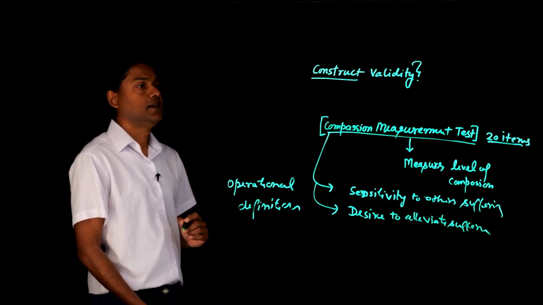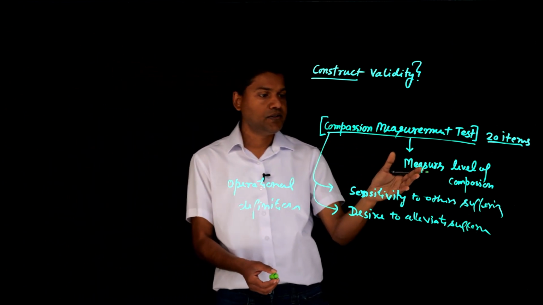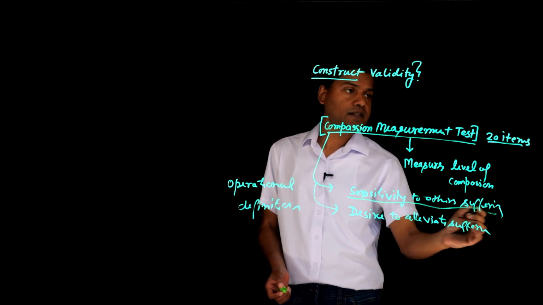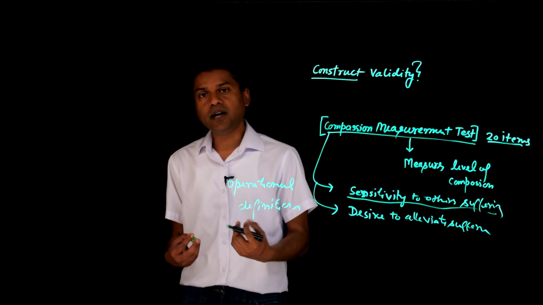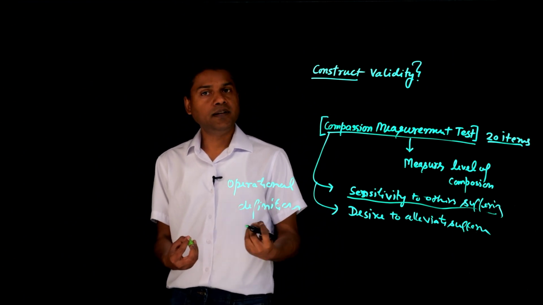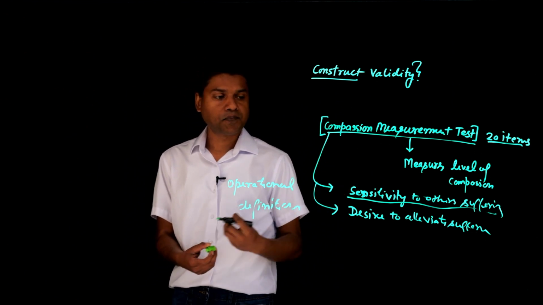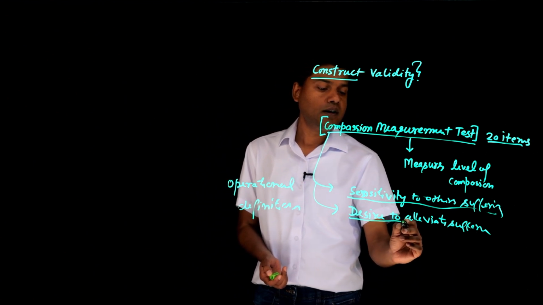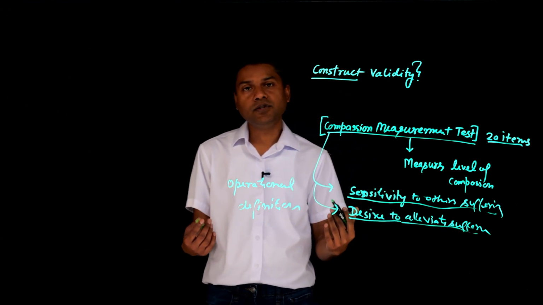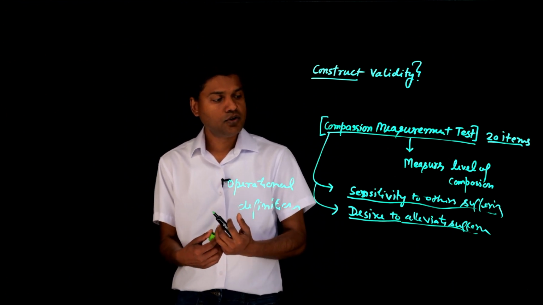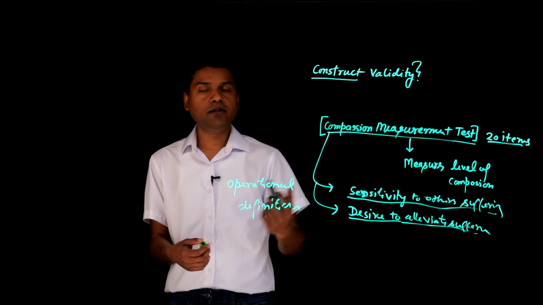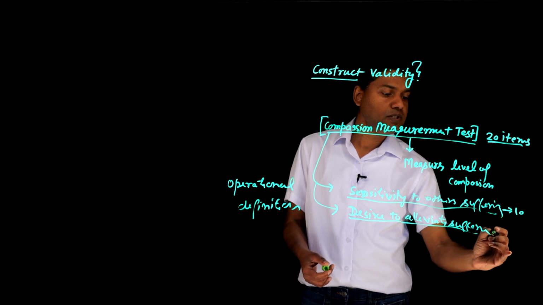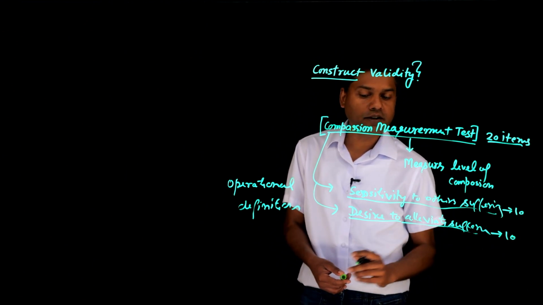So let's say this test has two operational components. The first one is sensitivity to others' suffering, how sensitive a person is towards others' suffering. And the other operational definition it has is how desirous you are, or what is your level of desire to alleviate suffering when you see the suffering of others. So let's say this has 10 items and this one has 10 items.